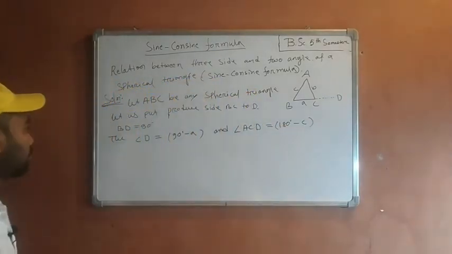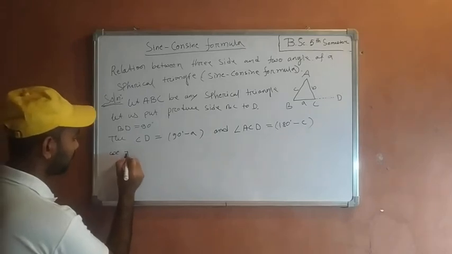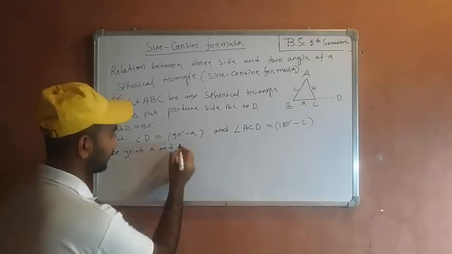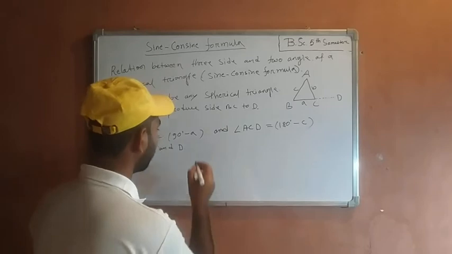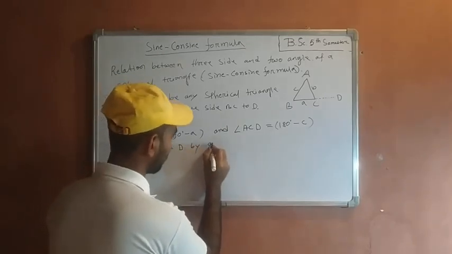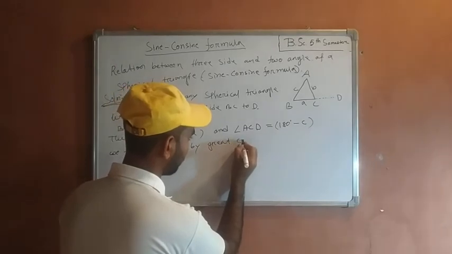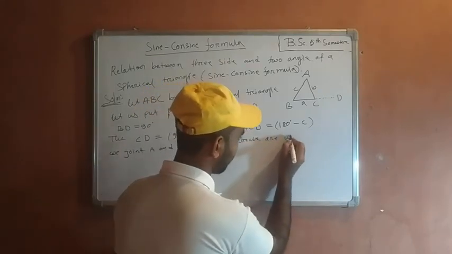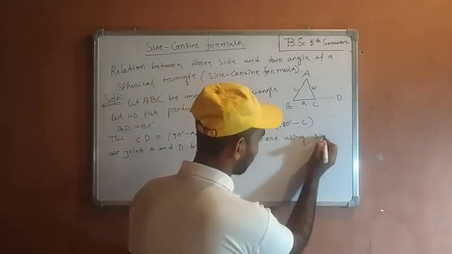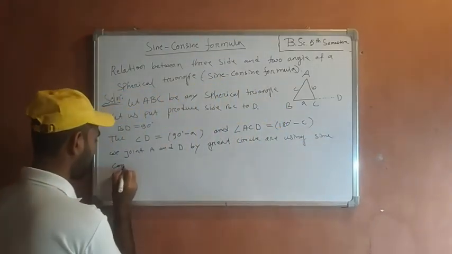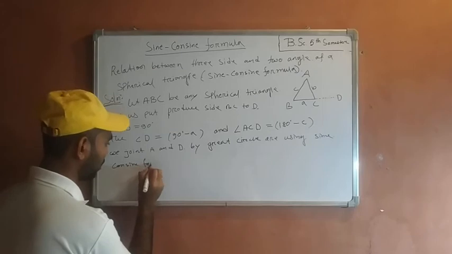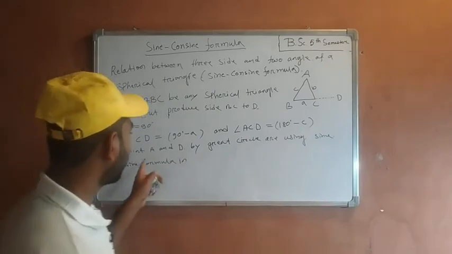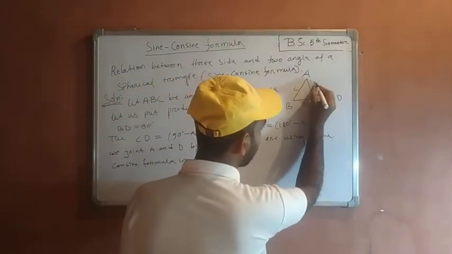So now we join A and D by a great circle, using the sine cosine formula.